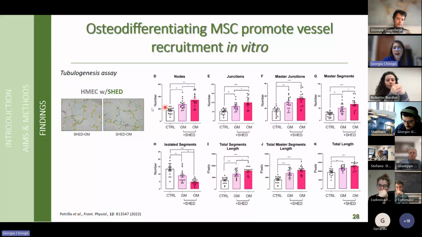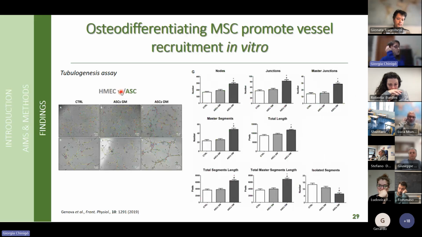So we found that osteodifferentiating stem cells promote vessel recruitment in vitro, both in the case of SHED, and the same was also observed when we co-culture endothelial cells with ASC. You can see that the number of nodes and junctions, so the complexity and the maturity of the network, is higher, and other parameters like the number of isolated segments are significantly reduced.